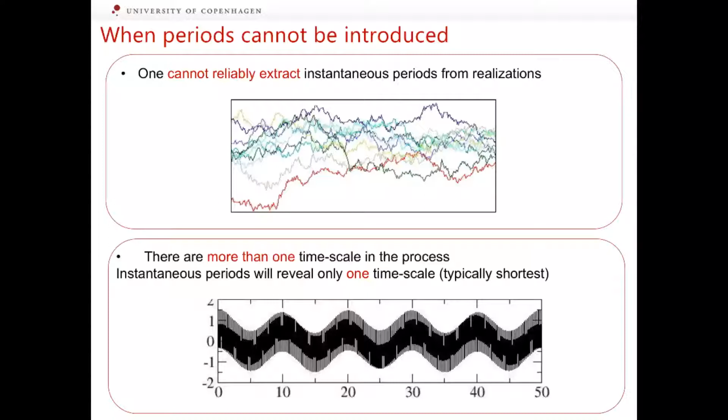In particular, we need such an approach which would allow one to detect all time scales present in the given oscillatory process reliably. We would like to have a more universal approach that is not too sensitive to the choice of parameters, such as threshold level, which we used for instantaneous periods. Such a method exists, and it is called power spectrum.